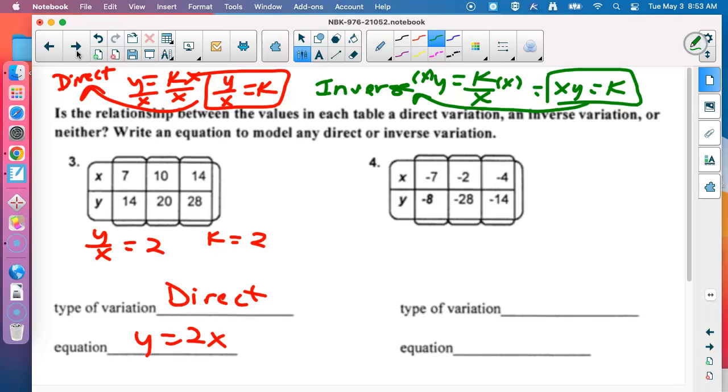Take a look at number 4 and see if you can figure out a pattern from number 4. Remember, there's only 2 things to check. If we multiply them and get the same thing every time, or if we divide and get the same thing every time. Anybody find it?